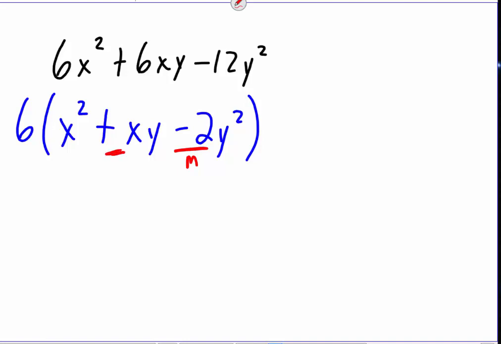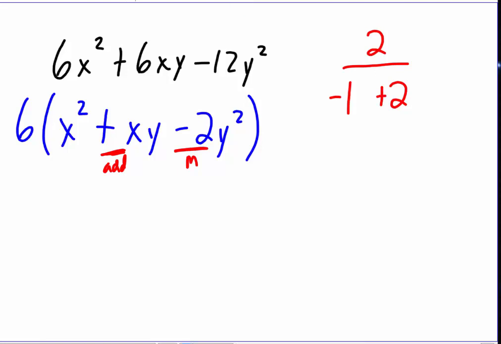And then this is a positive 1, and we need them to add to this. So I take my 2 and factor it. Well, there's just 1 times 2. And if we look at the cheat sheet for positive negative, it means that the 2 needs to be positive and the 1 has to be a negative.